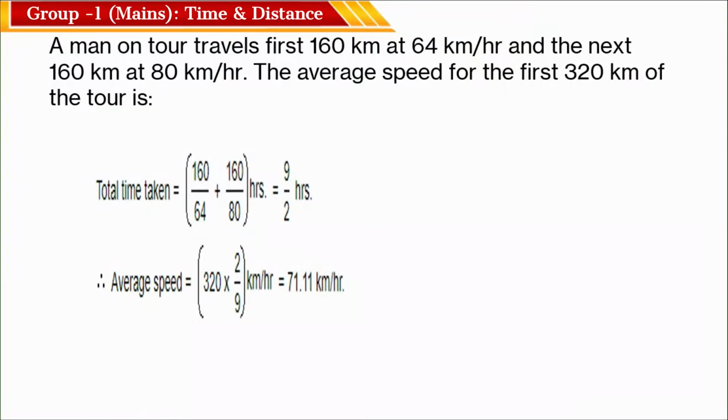A man on a tour travels the first 160 kilometers at 64 kilometers per hour and the next 160 kilometers at 80 kilometers per hour. The average speed for the first 320 kilometers of the tour is, what is the average speed? Okay. So actually this is the total distance travelled by him. It is 160 kilometers and the next one is also 160 kilometers.